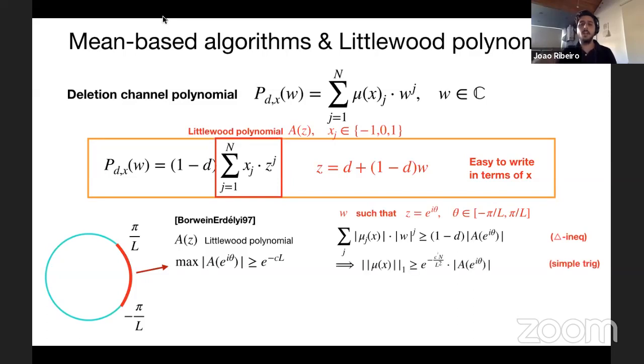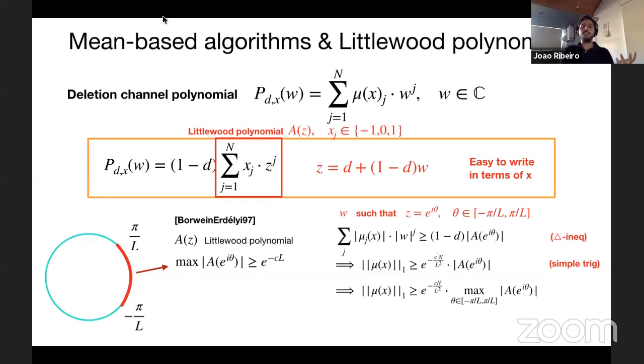But we can get rid of the W to the J because with some very simple trigonometry, we can show that if W is such that Z lies on that arc, then the modulus of W is never very large. So we can divide by the maximum of this modulus to get a lower bound for the one norm of the mean trace for any x. Since this works for any W, it works for any theta in the arc, which is an angle.